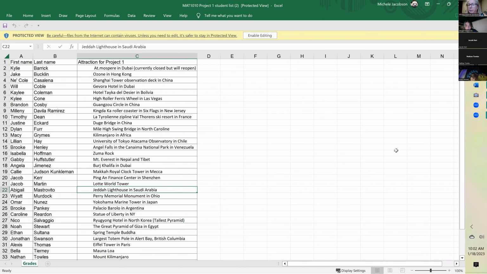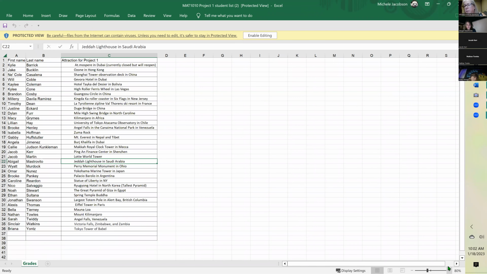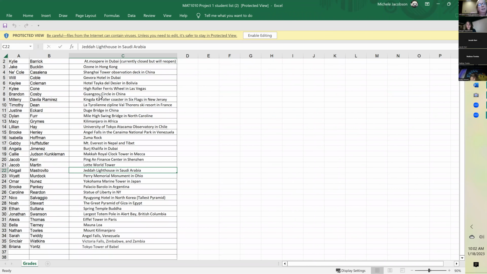Well, since we have it up here. Oh wow, too small. There we go. So names are in alphabetical order, and here is the attraction that you'll be comparing with. But there were 2 people that I added in. I think also one dropped, but I'm not sure, so I just left it there.